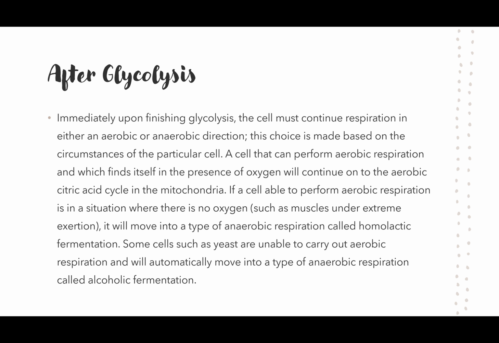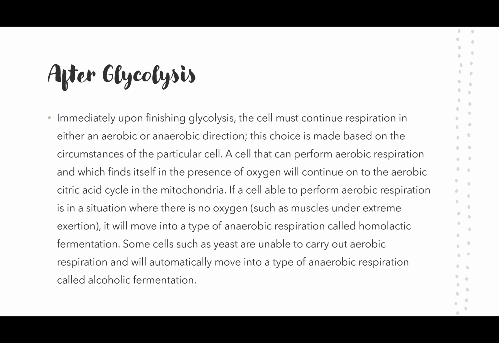The cell must continue respiration, either in aerobic or anaerobic conditions, right? The choice is based on the circumstances of the particular cell. So a cell that can perform aerobic respiration and which finds itself in the presence of oxygen will continue through the citric acid cycle, or the Krebs cycle, in the mitochondria, right?